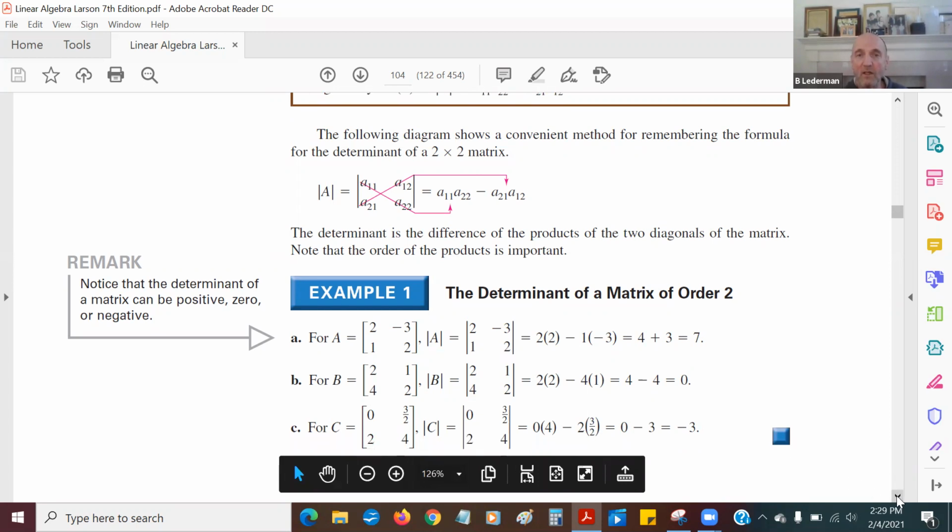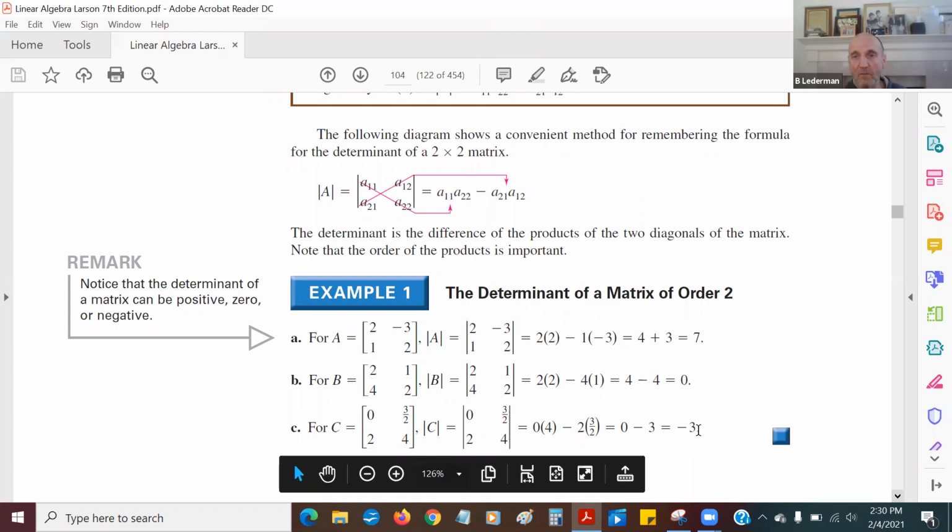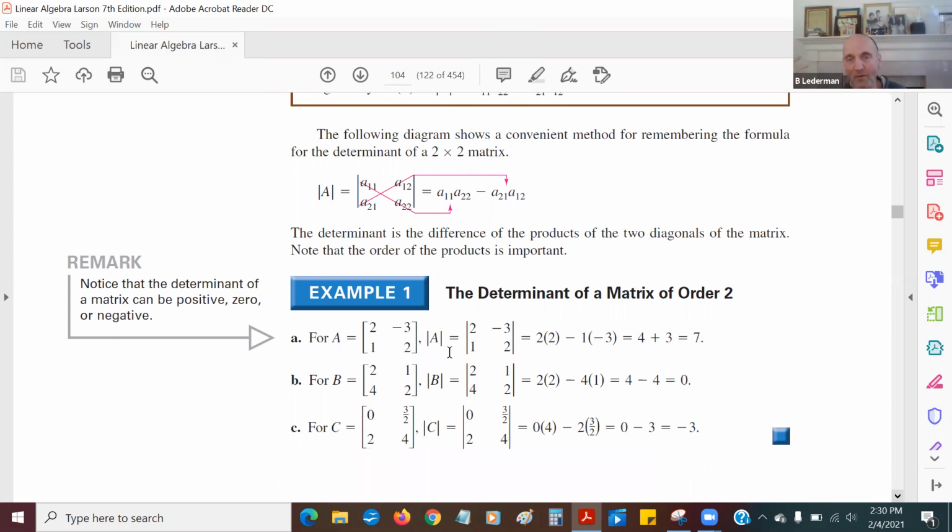And this last one down here is 0 times 4, which is just 0, minus 2 times 3 halves, which is 3, so 0 minus 3 is negative 3. So a determinant can be positive, a determinant can be 0, and a determinant can be negative. They're all possible. Even though these look like absolute value signs, they're not, they're determinant signs, at least in this context.